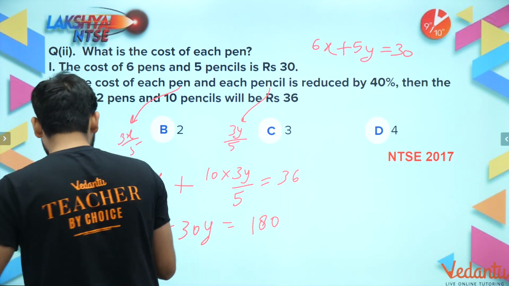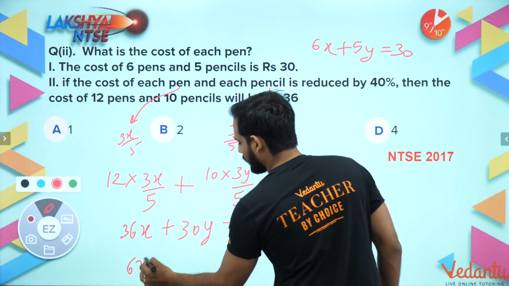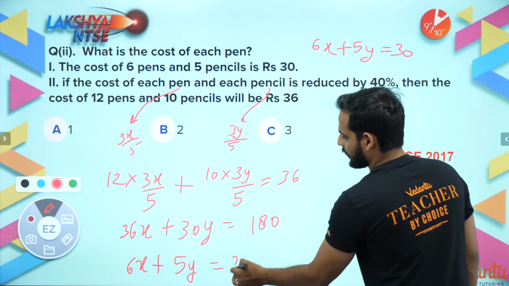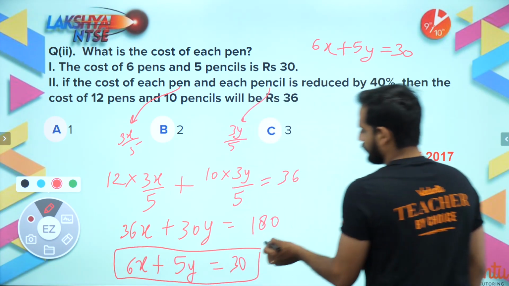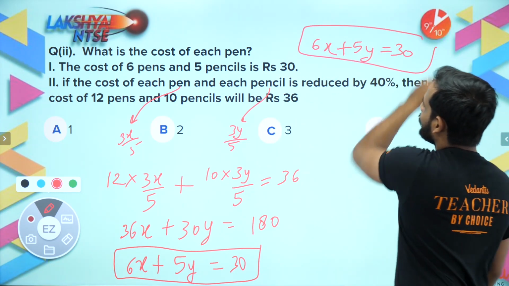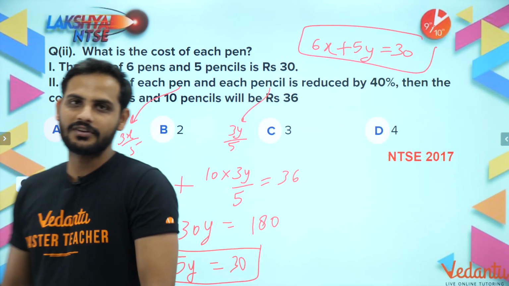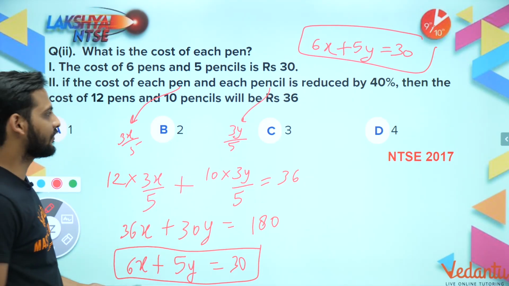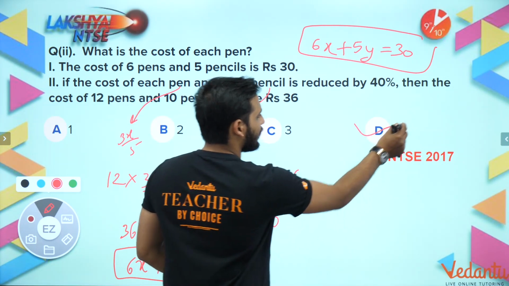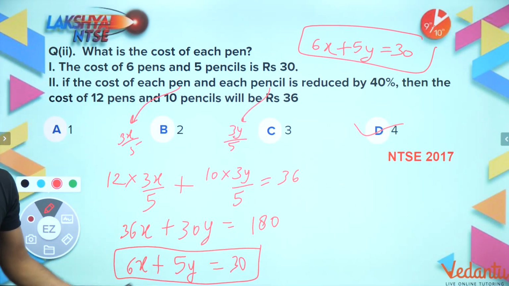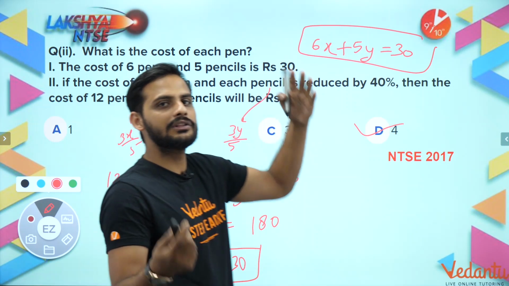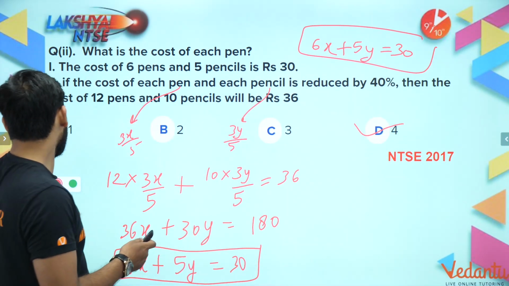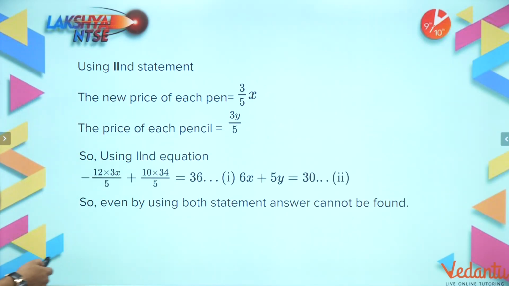Maximum I can take 6 common, so it will become 6x plus 5y, and dividing 180 by 6 you will get 30. So both the statements are giving you the same equation. So with only one equation I cannot solve it. So I'll say both the statements are not sufficient for me to get the answer. The fourth option was that both the statements are not sufficient to get the answer. Okay, chalo.